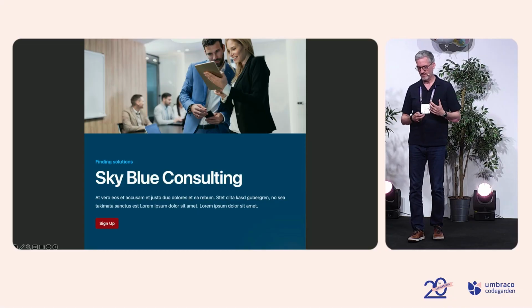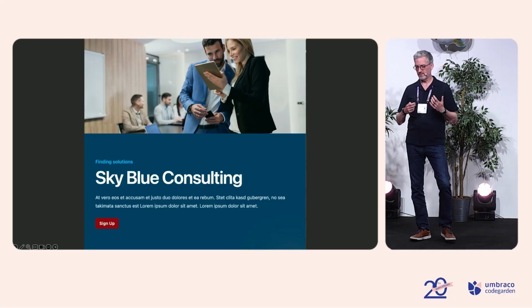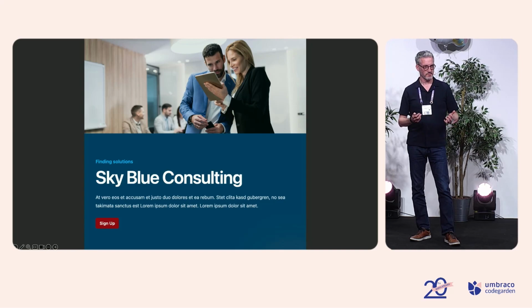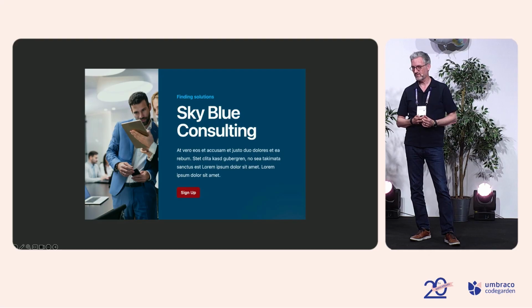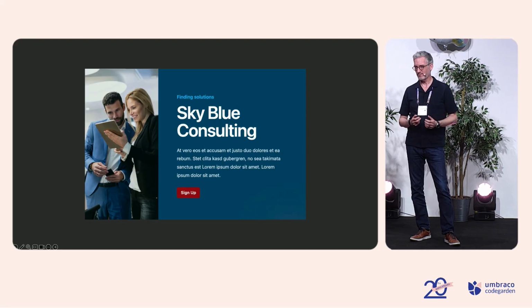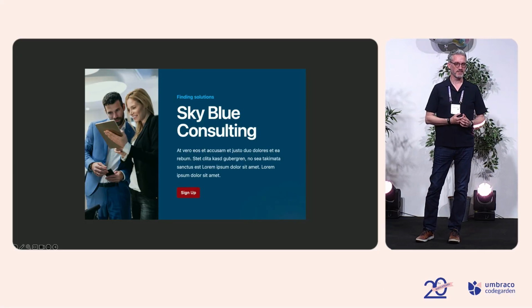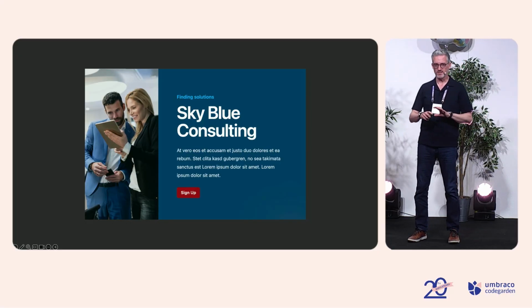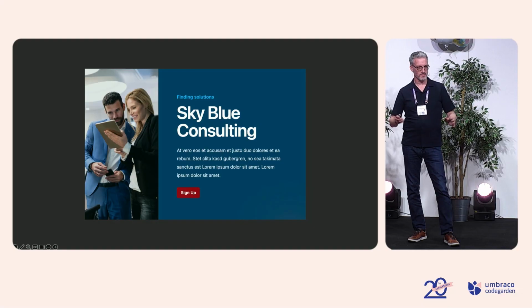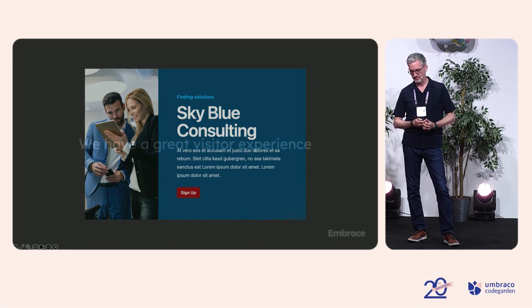So when we go back to our site and we look at this breakpoint and we refresh the browser, then we get that which looks better. And when we go to this breakpoint and we refresh the browser, we get that which looks frankly, 1,000,000 times better. And this is something that's used all over our websites, all over the place. So this is a very easy thing to retrofit.